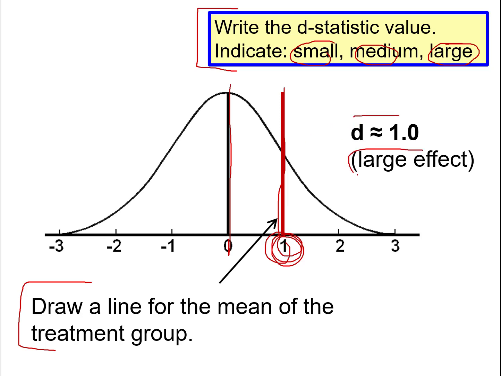So I'm going to write down here, large effect. So I've drawn the line for the mean for my treatment group, and I've listed the size of my d-statistic. It's a d-statistic of 1, and I've listed that this is going to be a large effect. A d-statistic of 1 is illustrating a very large effect.